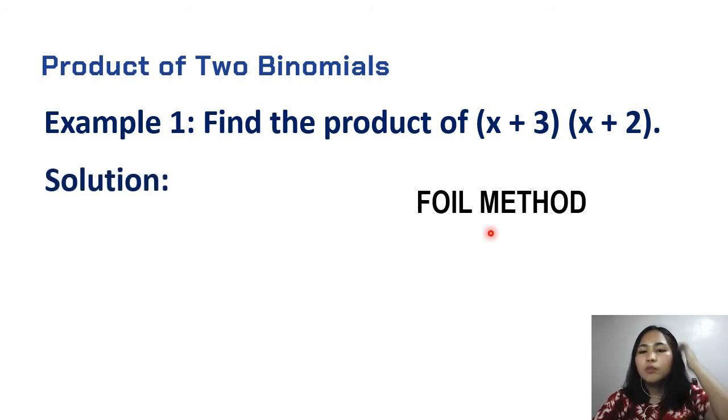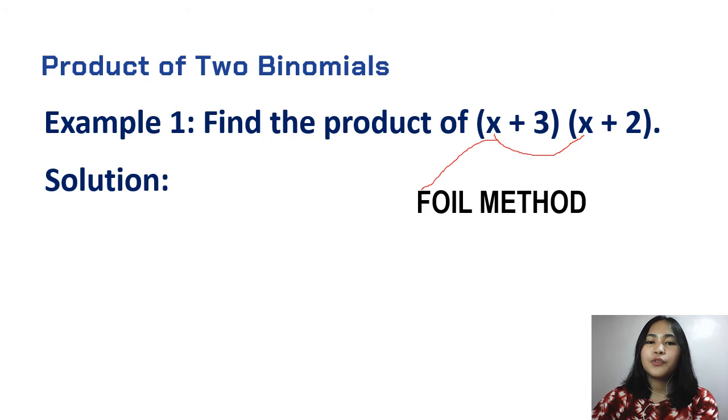So in solving this product of two binomials using the FOIL method, first, what are we going to do? We have F, which is the first term. What is our first term? x and x, right? So x and x are our first terms.